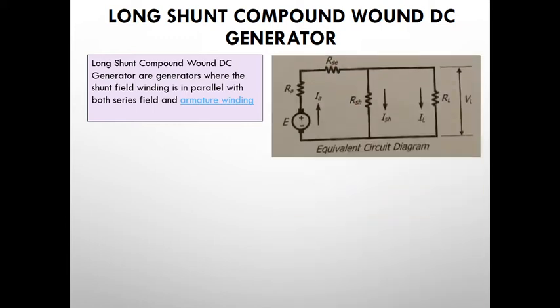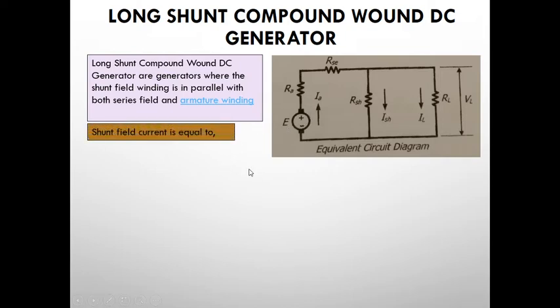As you can see here in the schematic diagram, the series field winding is connected in series with the armature winding, and then that combination is connected in parallel with the shunt field winding here, and then the load is connected in parallel with the shunt field. And this is the armature.